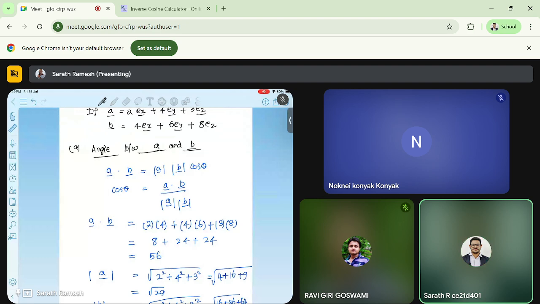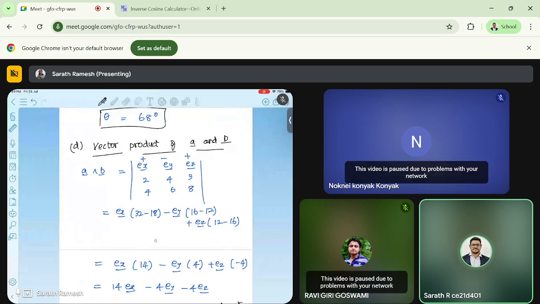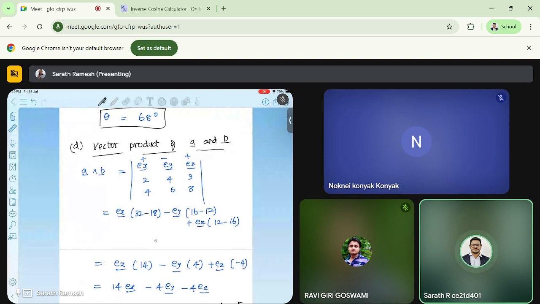Okay. And the orientation of C with respect to, again, the angle between two vectors. Then we saw what the vector product is and how to find it, and we also saw a property of the vector product: the direction of A cross B is perpendicular to both A and B. And we saw how to find a unit vector, and that the magnitude of A cross B is the area of the parallelogram.